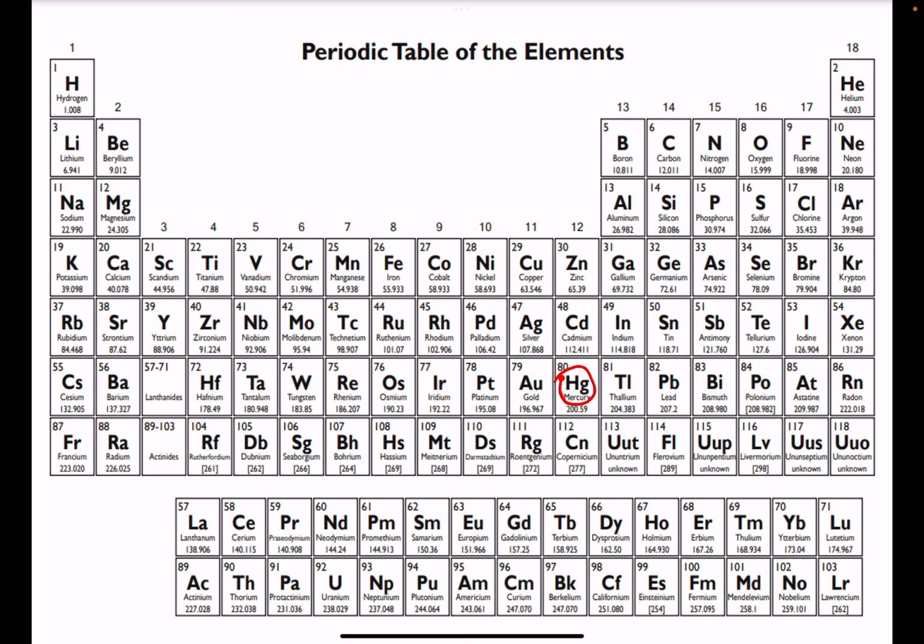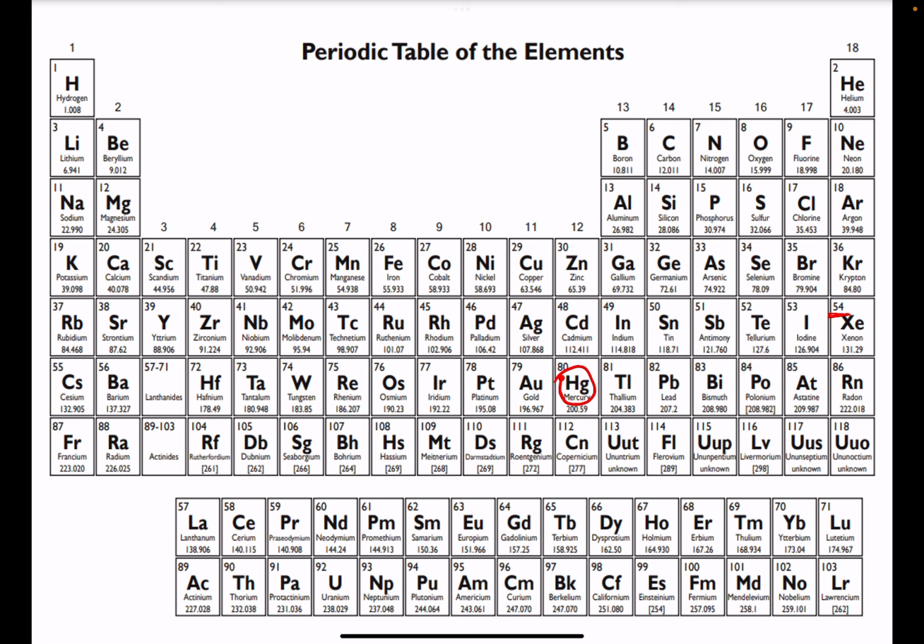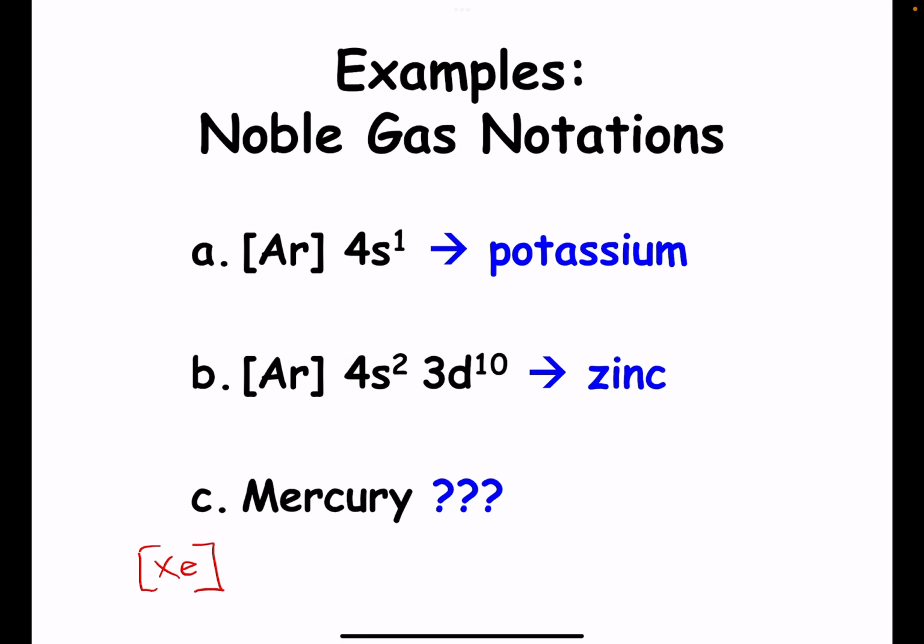So we're going to back up all the way to the previous noble gas, which is xenon. That's going to be our notation, so we write xenon in our little brackets. And then what's next? Let's label our periods, 1, 2, 3, 4, 5, 6, 7. So this is 6s2, so we're going to start out with that.